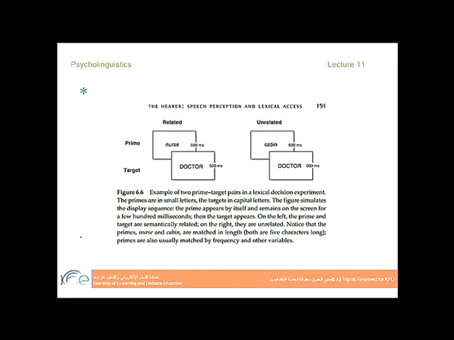What is priming? Remember, we talked about lexical decision tasks. In these tasks, we show people equal amounts of words and non-words. So, doctor, for example, is a word. Cabin is a word, nurse is a word.